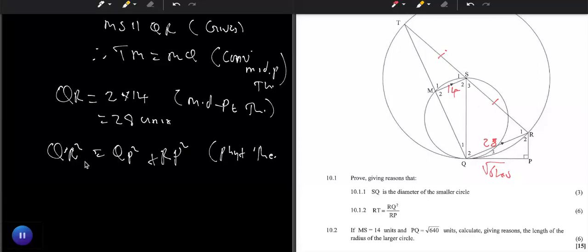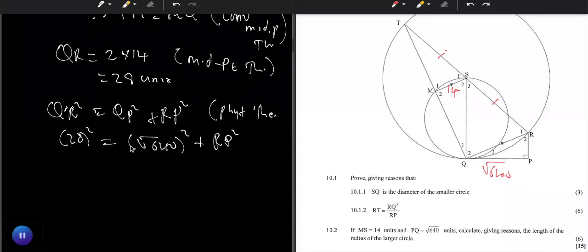My QR is 28, so this is 28 squared, equal to my QP squared plus RP squared. My QP is going to be the square root of 640, which is given.